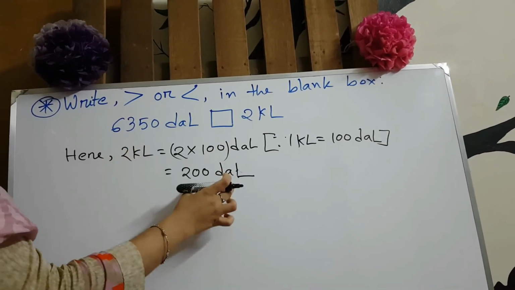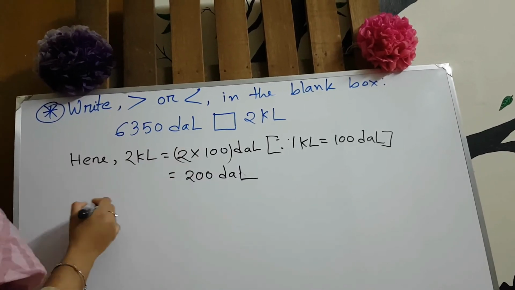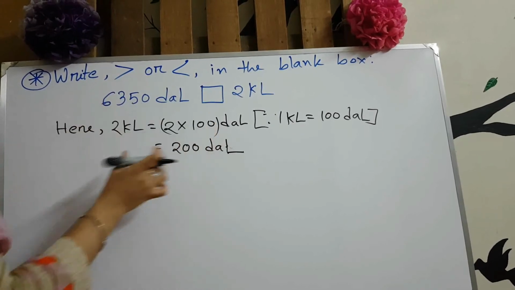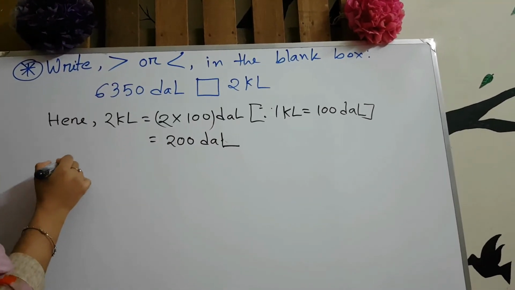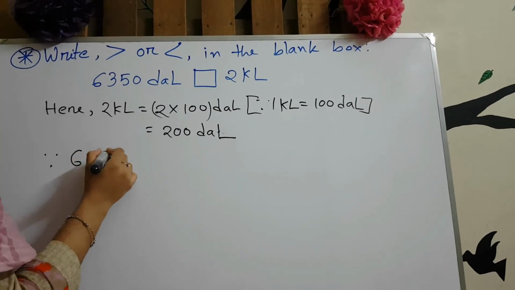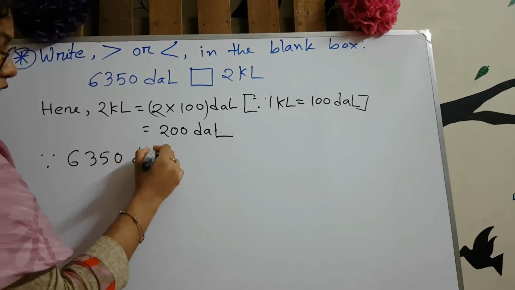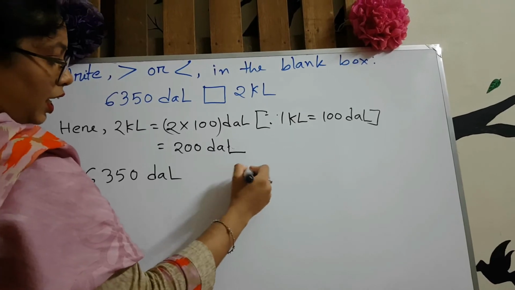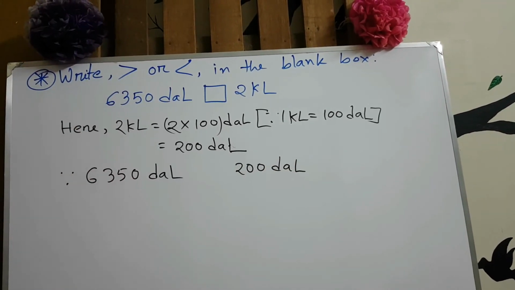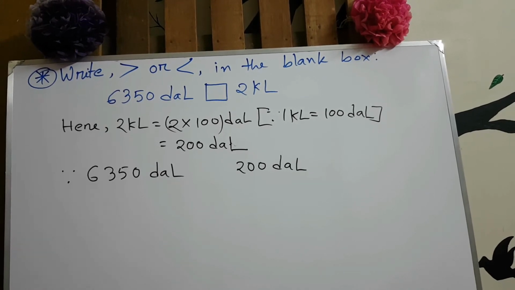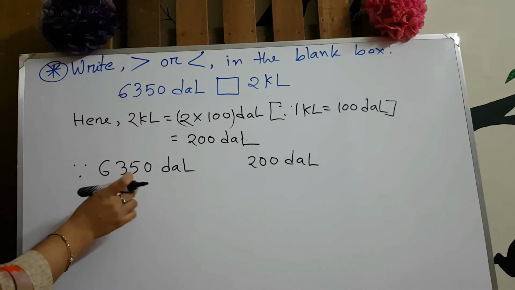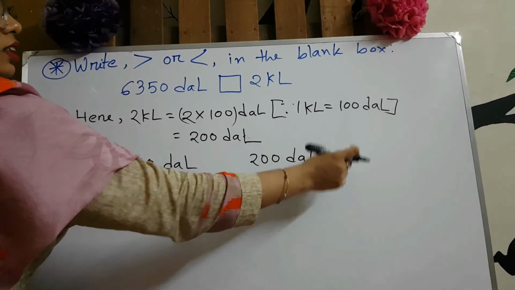Now we have the same unit, so we can easily compare them. 6350 decaliter and 200 decaliter. Which one is bigger or smaller? Look, here 6350 decaliter is bigger than 200 decaliter.